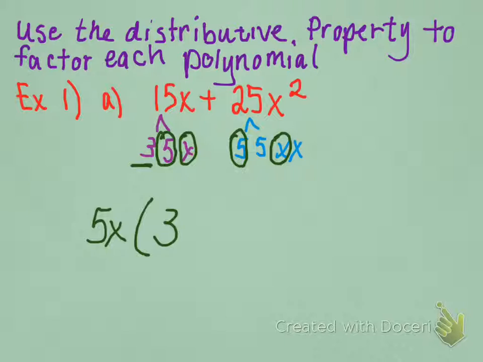Then you're going to look at your symbol that was in between. It's a plus sign, so you're going to drop that down. Then you go to your second term and you see what's left there. You have a 5 and you have an x. So you have 5x. So this is factoring using either the GCF or sometimes it's called the distributive property.